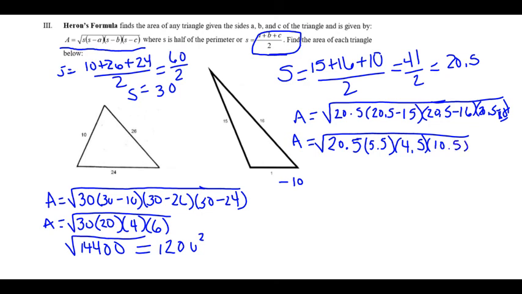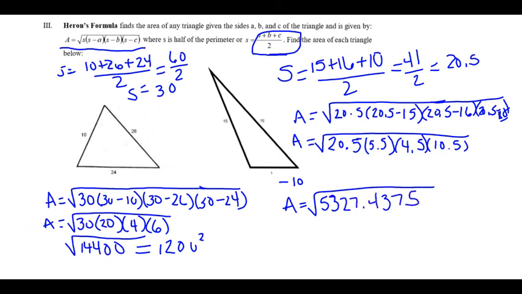So when we multiply it together, 20.5 times 5.5 times 4.5 times 10.5 equals the square root of 5,327.4375.